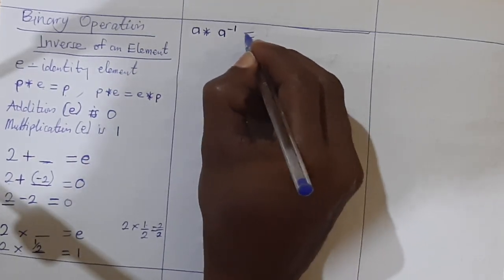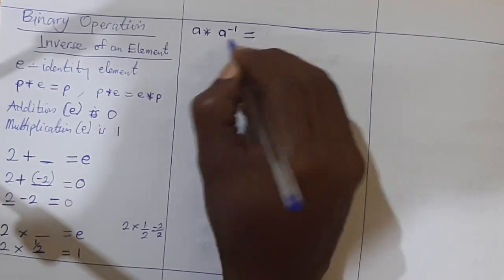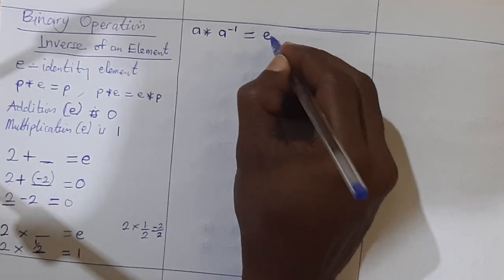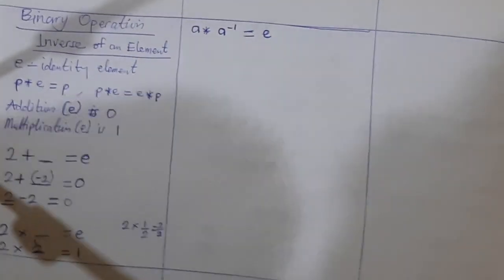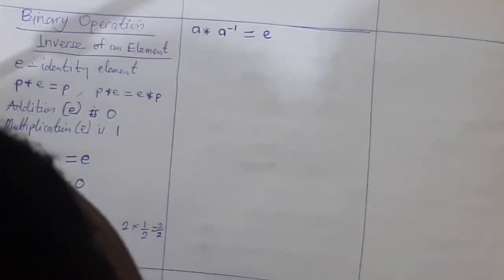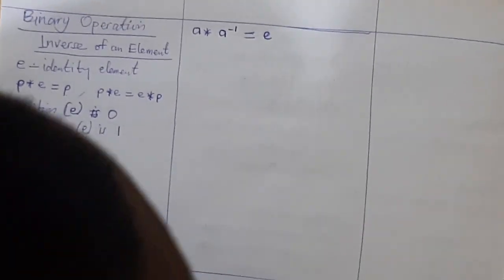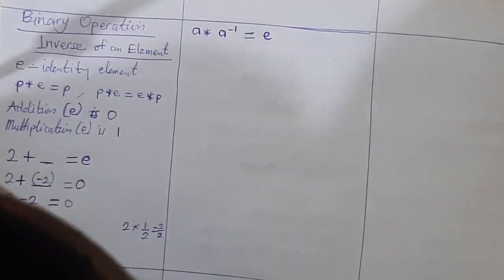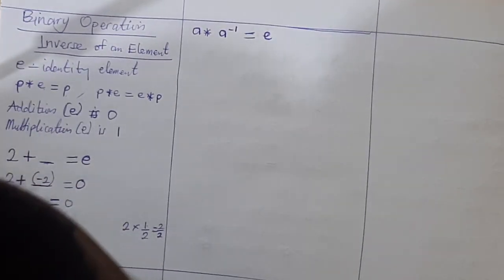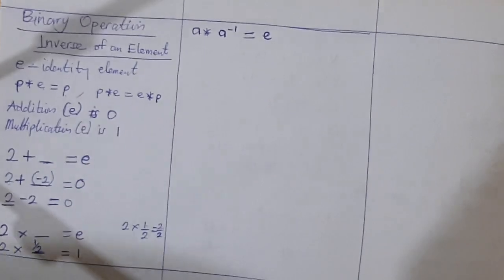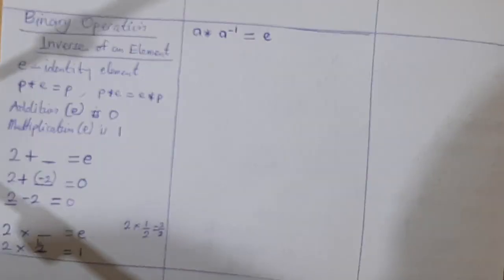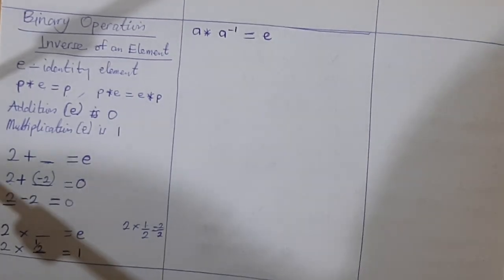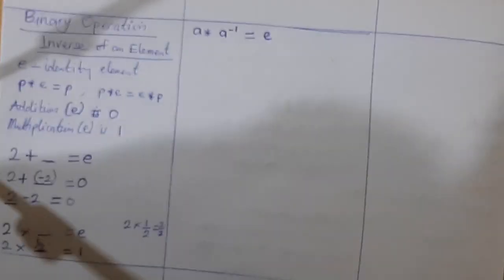Then this operation should produce the identity element. That's the definition. If you operate a value by its inverse, the answer should be the identity element.